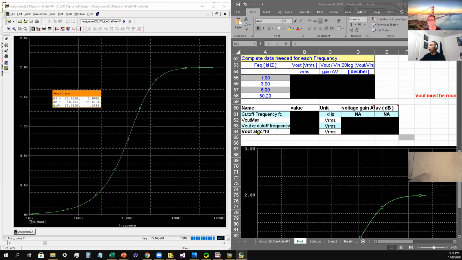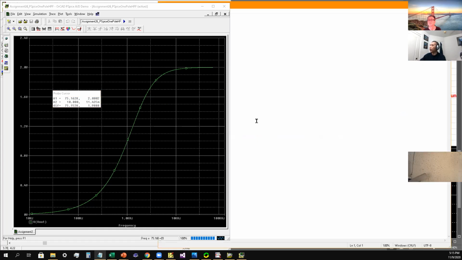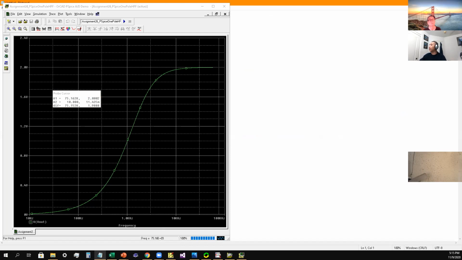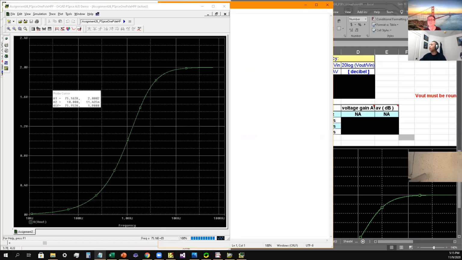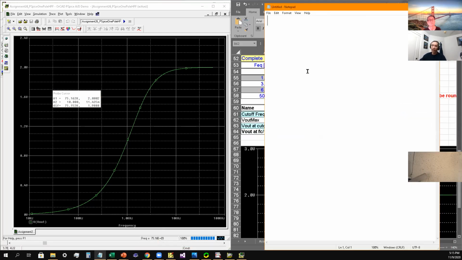And then to find the V out at cutoff, you take that and multiply by 0.707. So you take the 2 volt.